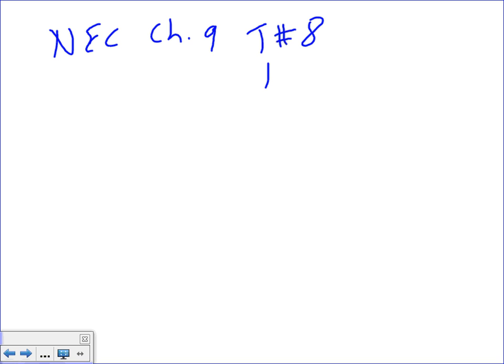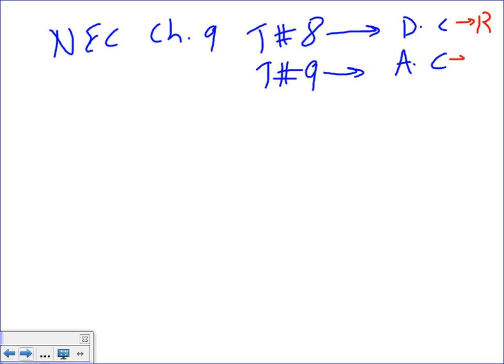Let's just go NEC, chapter 9, table number 8, table number 9. Table number 8 is for DC. Table number 9 is for AC. Table number 8 gives you R. Table number 9 gives you Z, impedance.